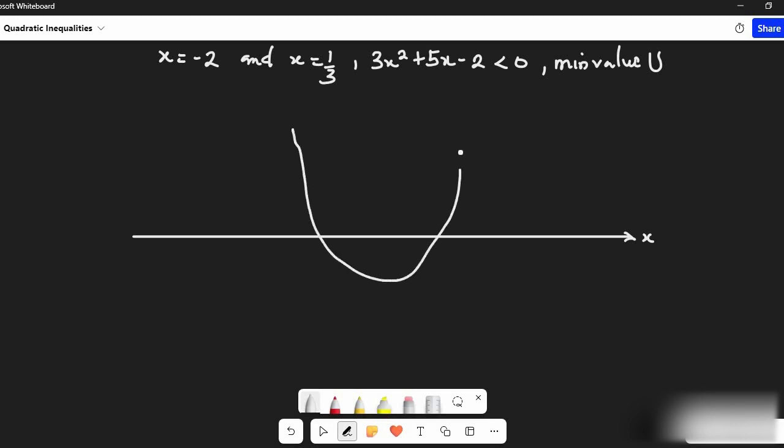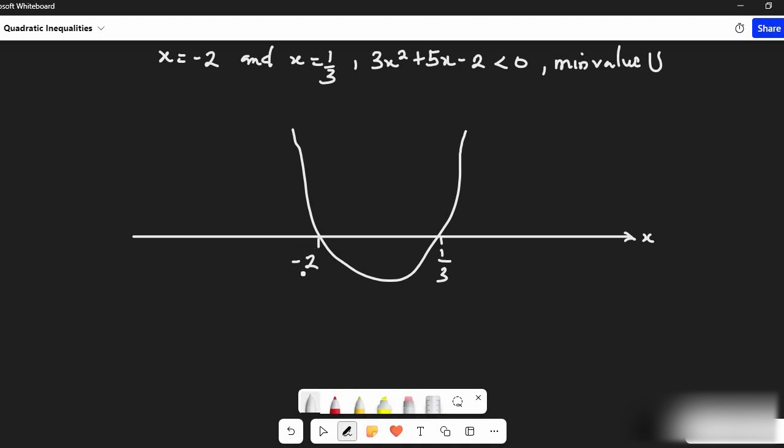So we can have something like this, right? And then say we have minus 2 here. We have 1 over 3 here. Remember, it's a sketch, not accurate. It's just to show us the range of values for where the function is positive and where the function is negative. Where it's positive, we know that it's greater than 0. Where it's negative, we know that it's less than 0.